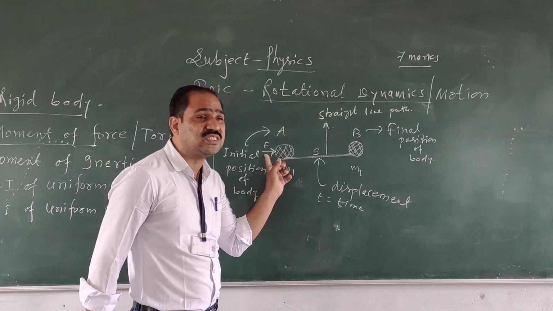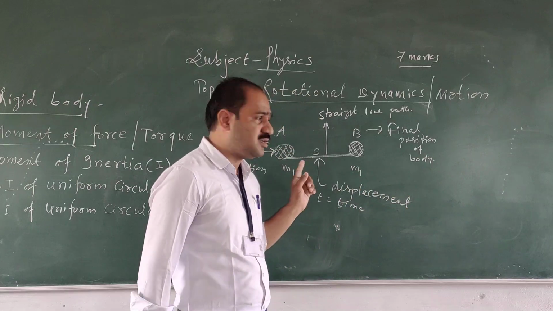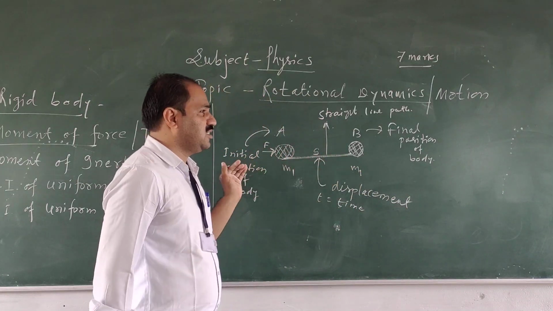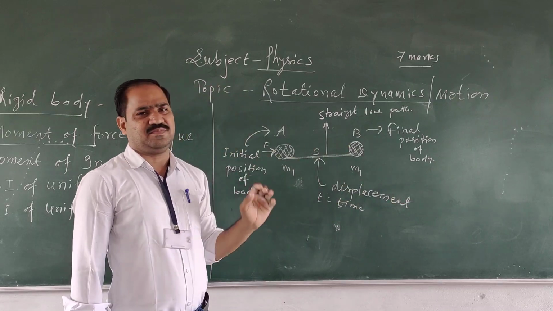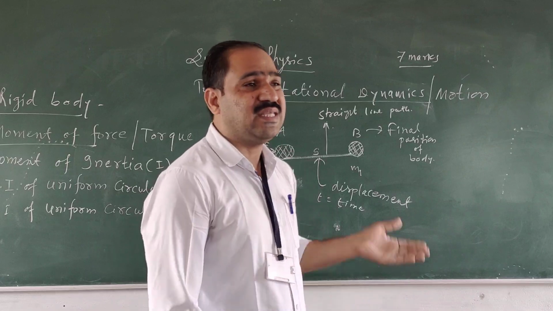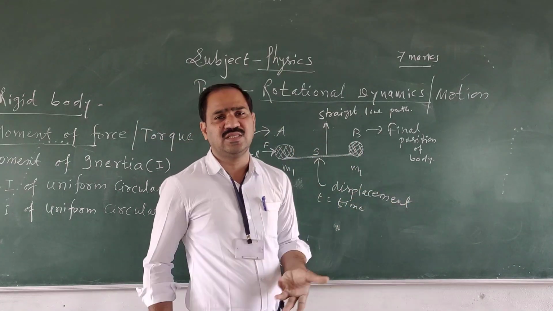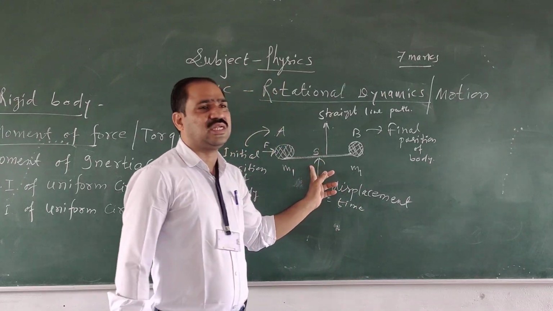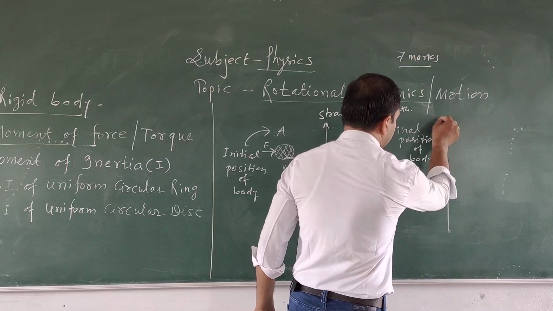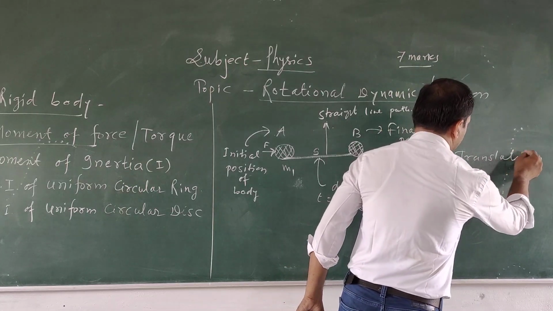Because here the force is applied in the linear direction, in one direction, unidirectional. So when the force is applied in one direction, there is a displacement of the body in the linear path, or we can say the straight line path. Therefore, this type of motion is called translational motion.